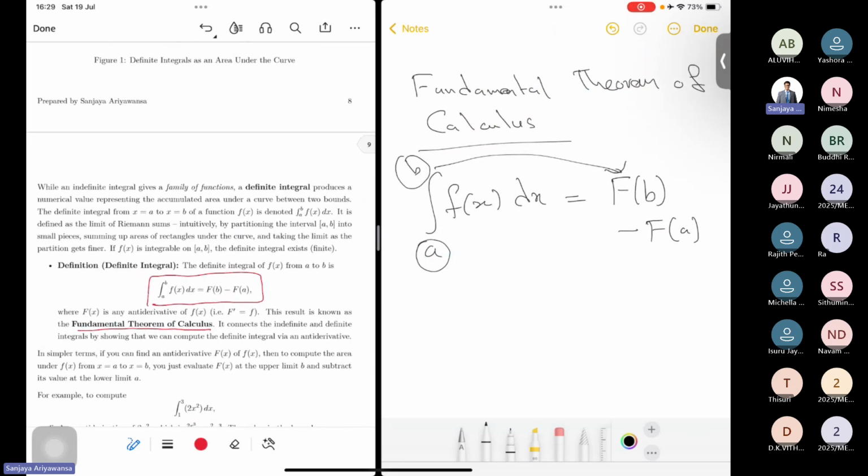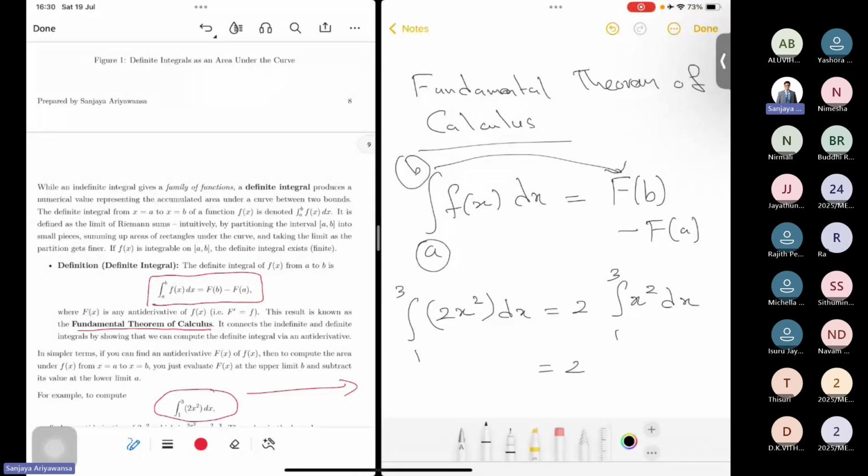For example, let's look at this particular example over here. It says integrate the function 2x squared from 1 to 3 with respect to dx. So first things first, let's integrate this. I have 1 to 3. I take 2 out because it's a constant, x squared dx. Then what is x squared?